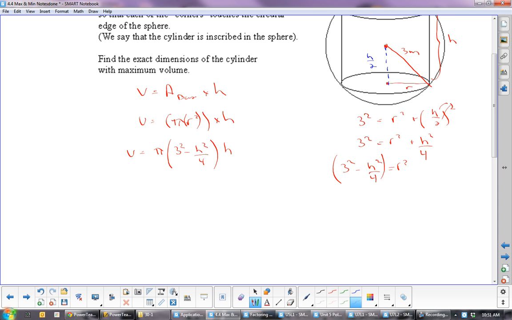So we could bring pi into both of these and h into both of these. So volume equals 9 pi h, since 3 squared is 9, minus pi h cubed over 4.